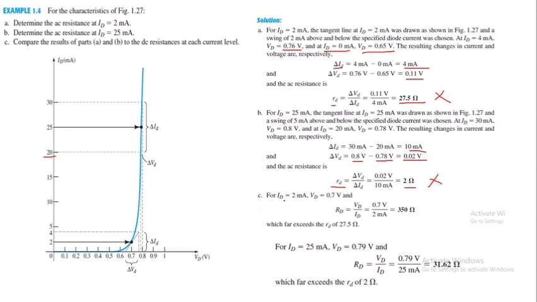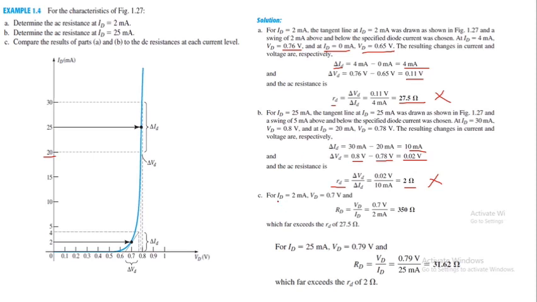And for part C we need to compare RD, that is AC or dynamic resistance, to the value of DC or static resistance at the same Q point.